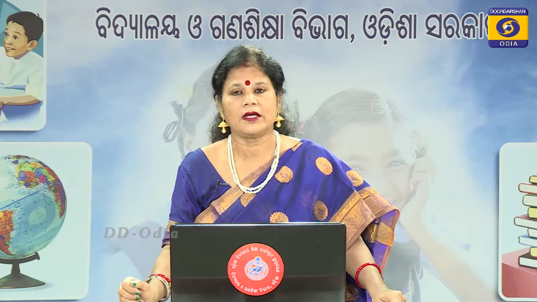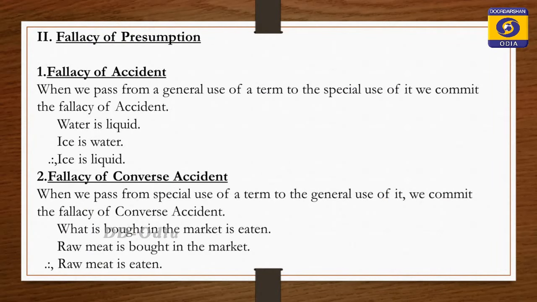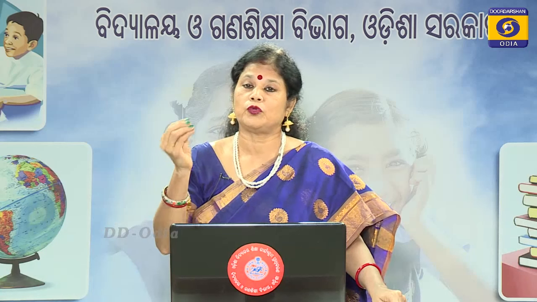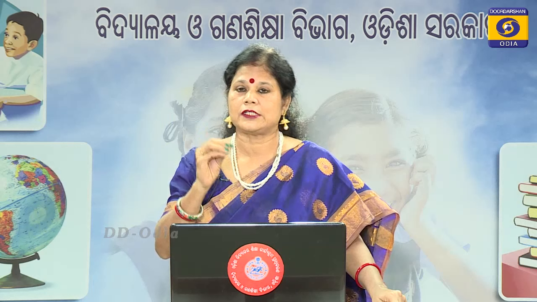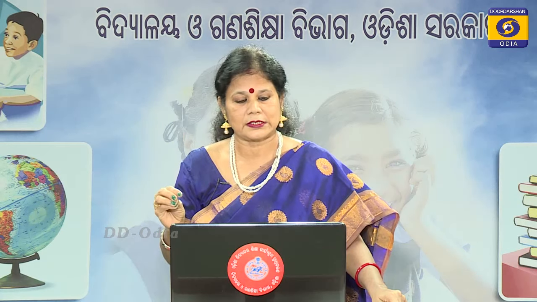When I say ice is water, that means ice is water but under a special condition. When water is frozen, we get ice. When we freeze water in the refrigerator, we get ice. So, here water is used in the special sense.